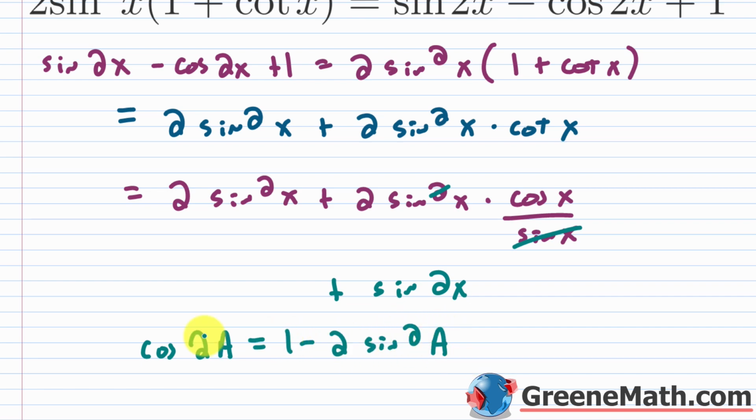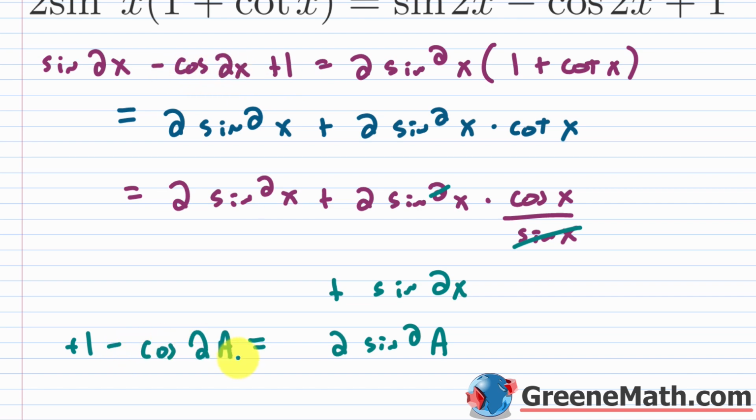So what I'm going to do is subtract 1 away from each side. So let me put minus 1 here and then plus this here. And I'm going to get rid of this from here. And then just multiply both sides by negative 1. So this would now be a plus and this would be a minus. And this is what I'm going to substitute in for this right here. That way I can get my positive 1 and my negative cosine 2x. Okay, this is exactly what I want.